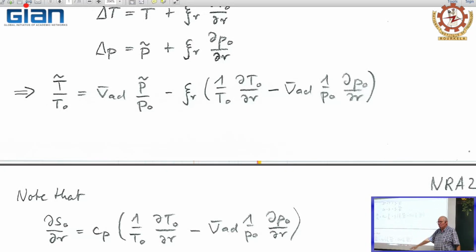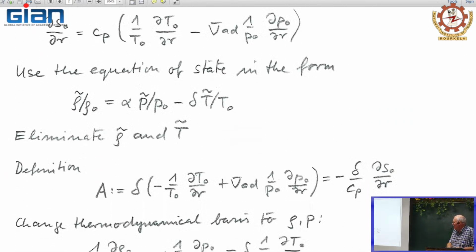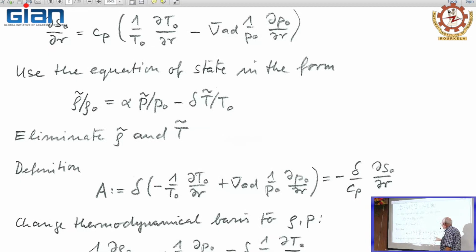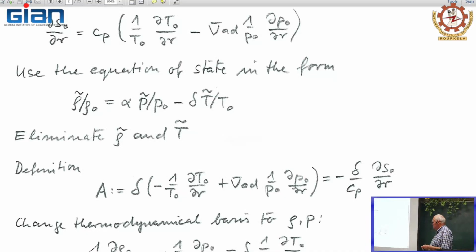This bracket is proportional to the entropy gradient of the hydrostatic model, and we define essentially this bracketed term as a quantity A, apart from a factor delta. This is delta coming from the equation of state, and this of course is then also proportional to the entropy gradient of our stationary model.